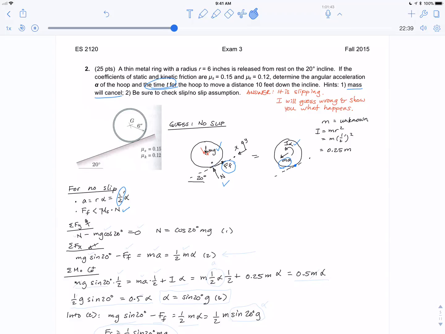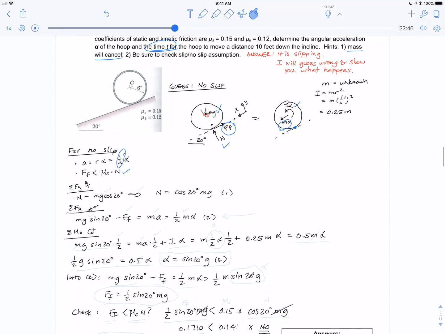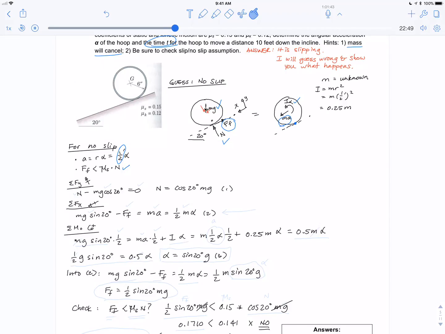Okay, so again, I'm going to take the y component first because I saw last time that that's going to just give that you can solve for n. So if you look at the left-hand side, you have mg, which is a weight, and it has a component going in the y direction of cosine 20 degrees.